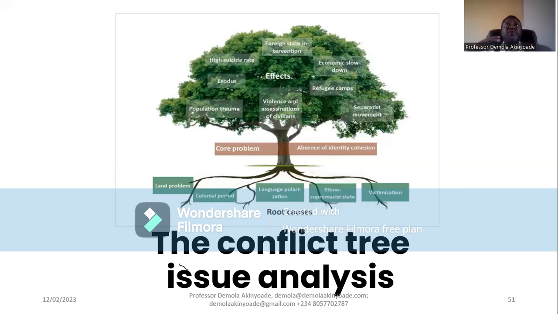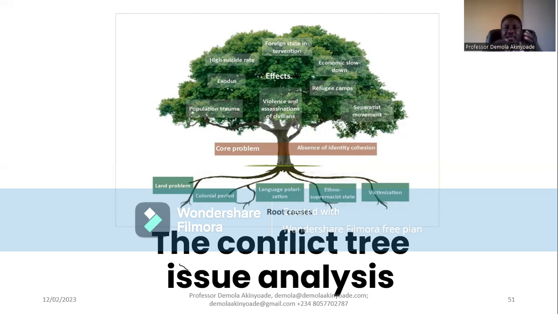Now, you have identified the issues. Now, you want to understand which issue is a structural issue or root causes. What are the core problems and what are the effects? Because you can identify the issues between them, but the issue needs to be further broken down, and that is where tools like conflict tree come in.